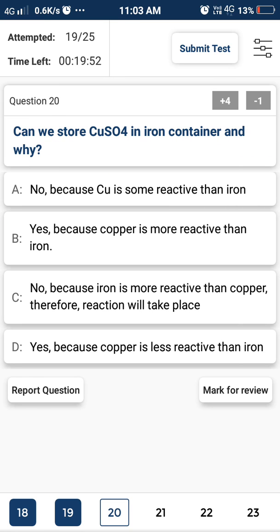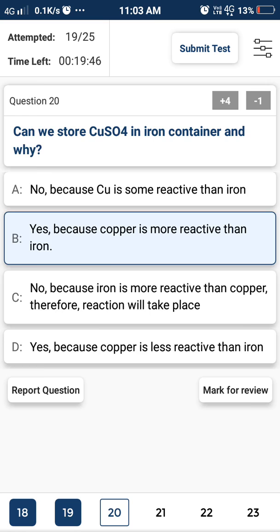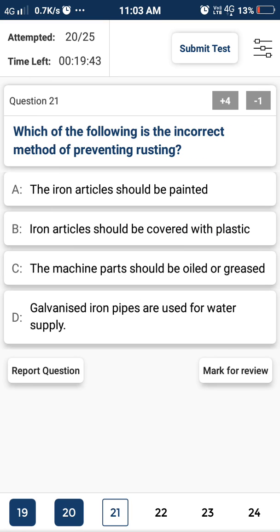Can we store CuSO4 in an iron container and why? No, because iron is more reactive than copper. Which of the following is the incorrect method of preventing rusting? The iron articles should be painted. Iron articles should be covered with plastic.